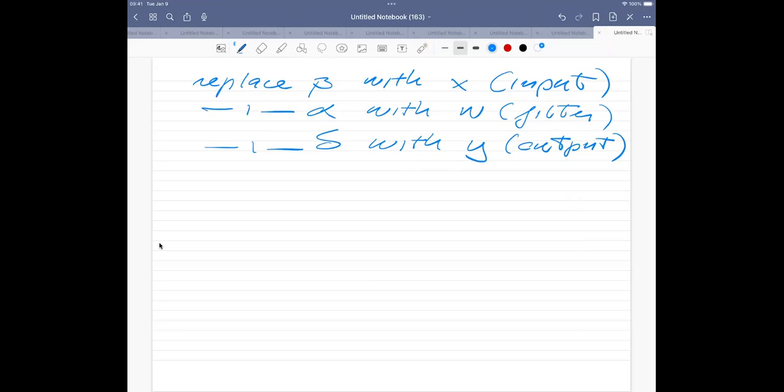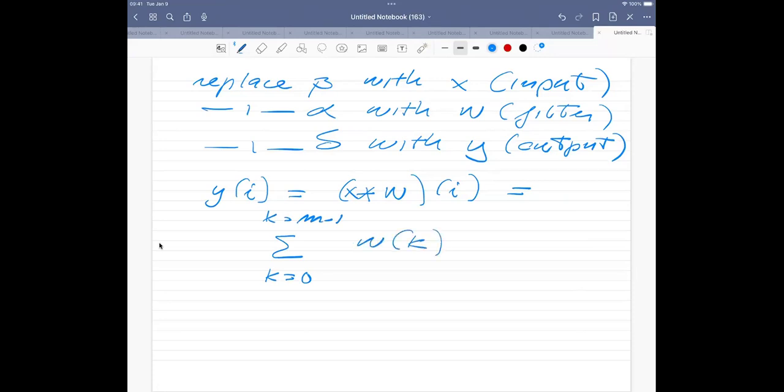Then I can actually write one of these numbers, y_i, and I'm trying to use this more matrix-vector notation. So this is given by the convolution between x and w for element i. And that is defined, in this specific example, as the sum from k equals 0 up to k equal to m minus 1. And we can write this in a compact way as w of k times x of i minus k. And in our case, m is equal to 3 because we have this vector w.